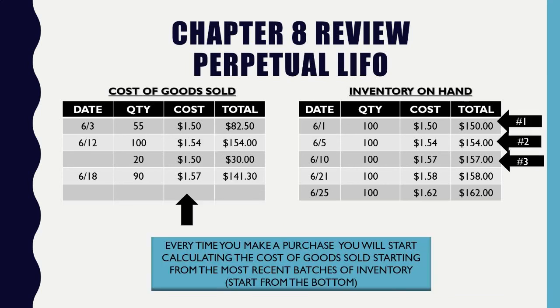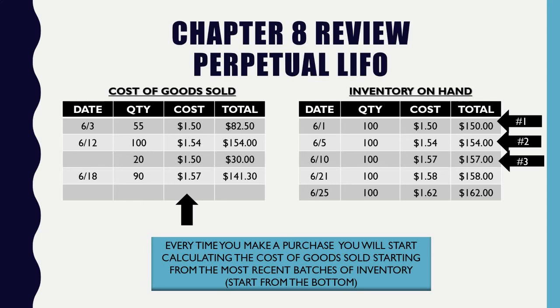With LIFO, we have the same exact scenario, but in this case we separate our batches, our purchases of inventory, and every time we sell our items, we're going to be looking at which batch came last.